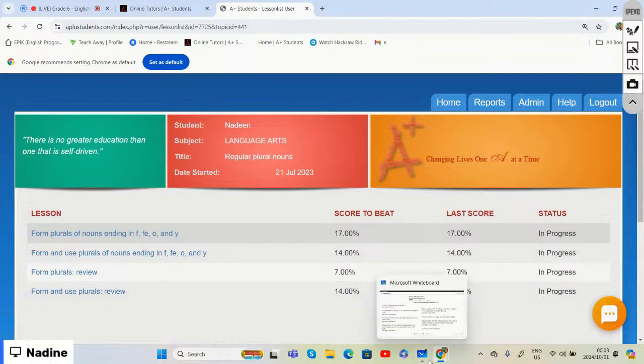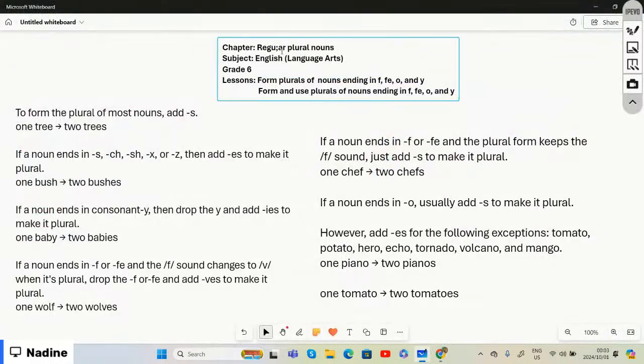All right, so our chapter is regular plural nouns, our subject is English language arts, and we're doing grade 6.